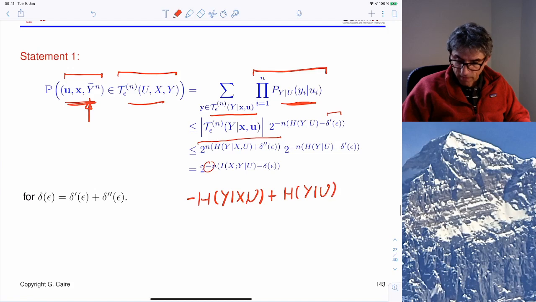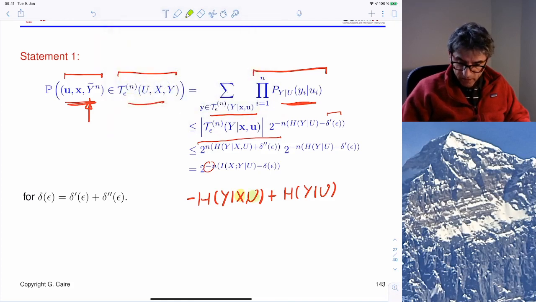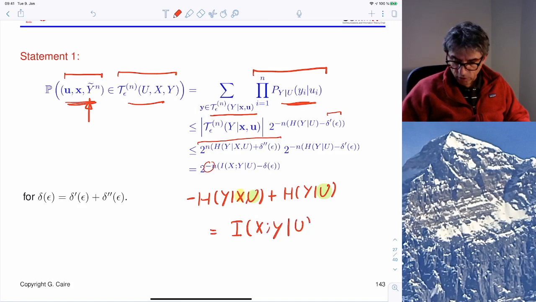Remember the following: I have a difference of conditional entropies, where the term with the minus has an extra conditioning term, and then there is a common term. So this is a pattern that we immediately recognize as a mutual information. This will be the mutual information of x and y given the common conditioning u.